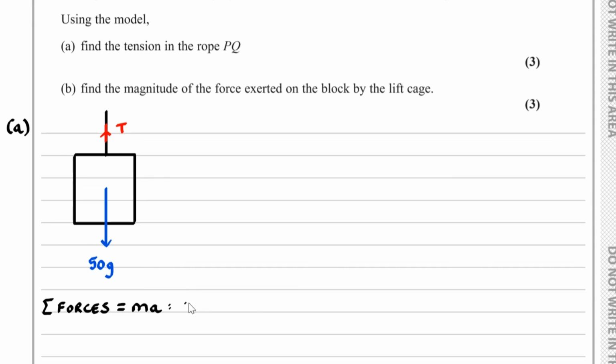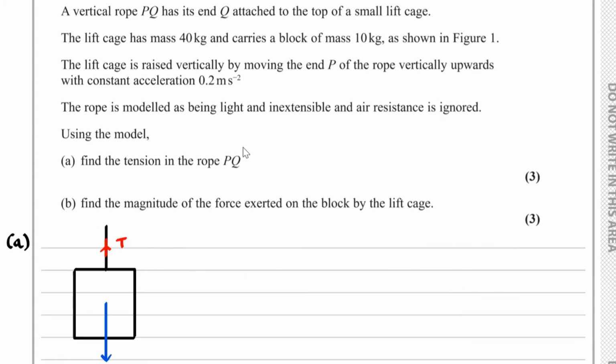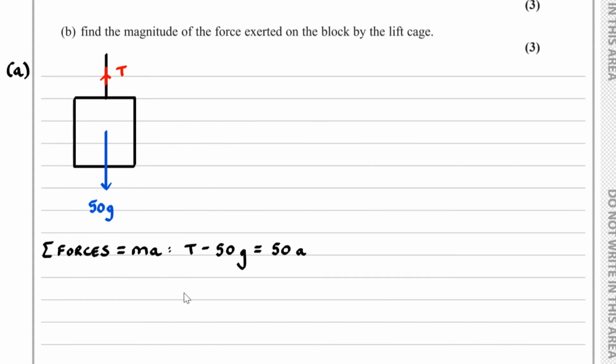So, we've got T minus 50g, and that's equal to 50 multiplied by a. I know what a is, that's 0.2.